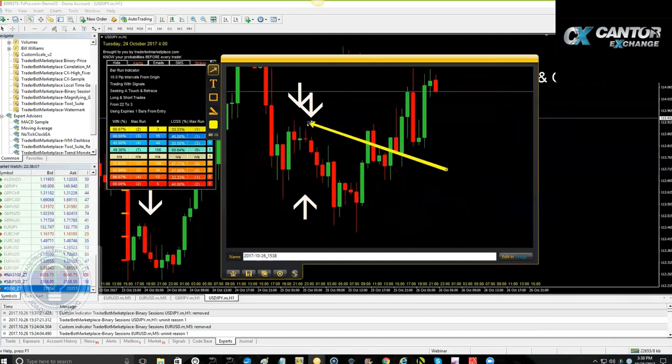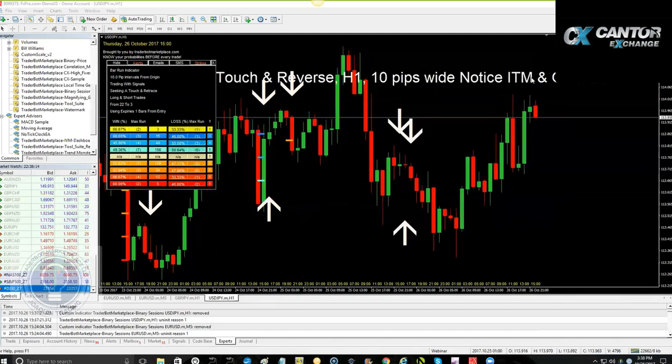What the touch and reverse means is, if price opens, let's say price opens here, and it goes up to touch and in the money, how often does it expire below there? For instance, I'm looking at ITM and OTM level 3. Regardless of the way the arrow is pointing, I know that when price touches ITM level 3, or the third level up here, or it touches OTM level 3, I know that 66% of the time it's going to reverse off of that and close profitable.